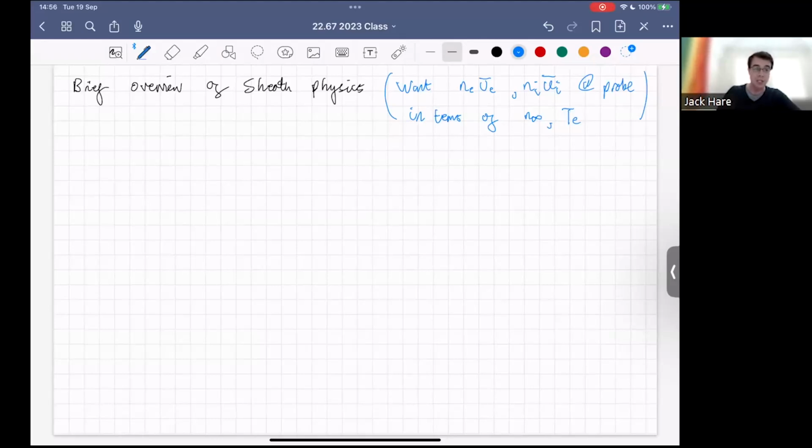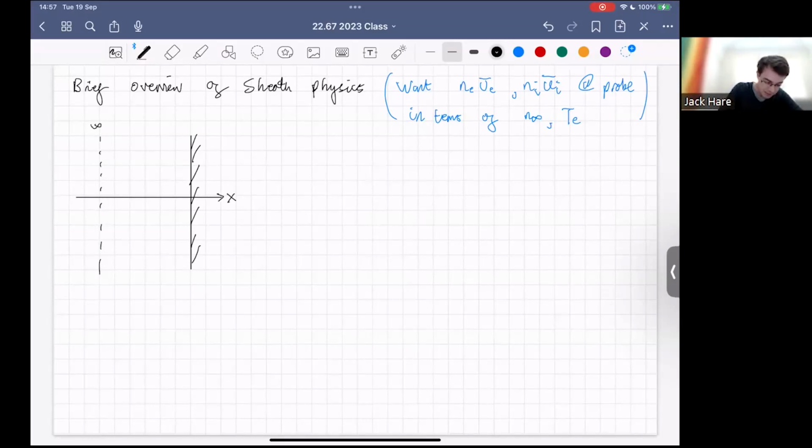Okay, so I am going to draw a little sketch, which is going to take me a little while to get right. On the right-hand side of our domain, we're going to have a wall, which is our quasi-planar probe. And we're going to have a coordinate pointing from left to right, which is the x coordinate. There are a few important places on this x coordinate.